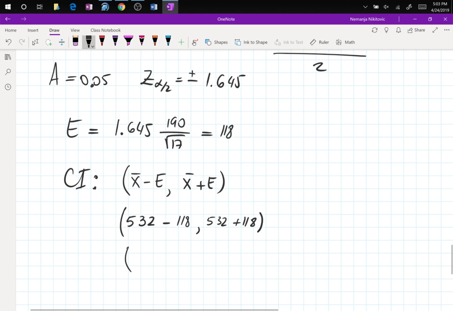So when you subtract, 2 minus 8 is 4, and then 2 minus 1 is 1, and this is 4, so 414. And when you add over here, you get a 10, you get a 5, and you get a 6. There we go. So this is the range at which you are going to have a population mean.